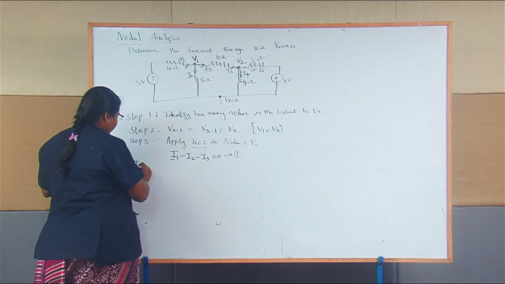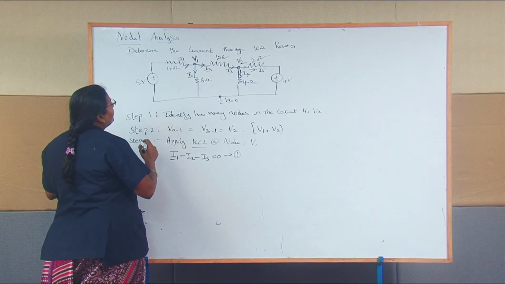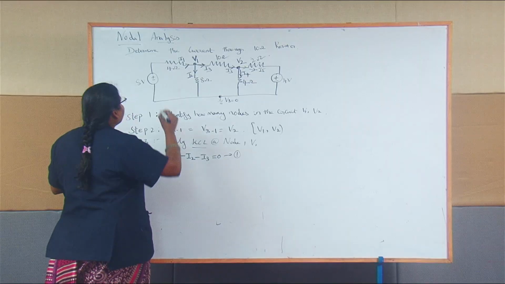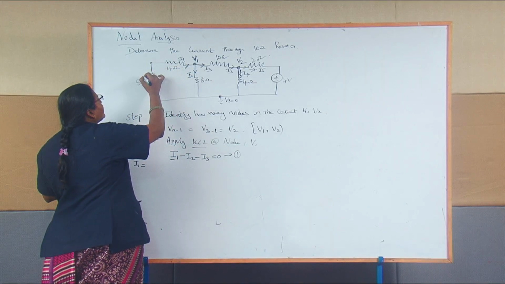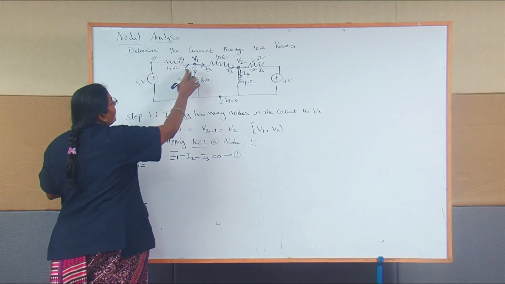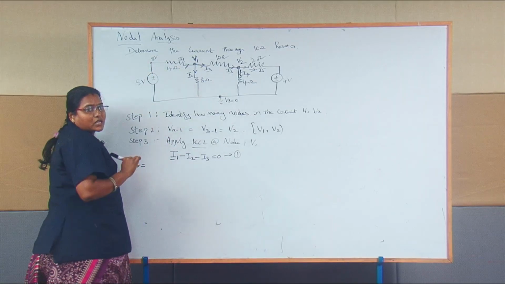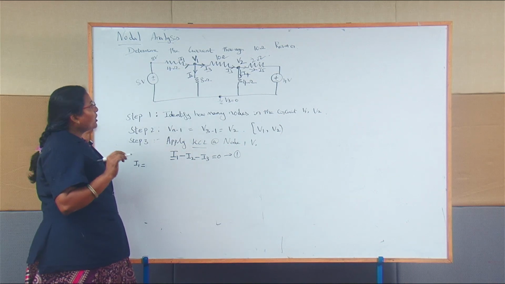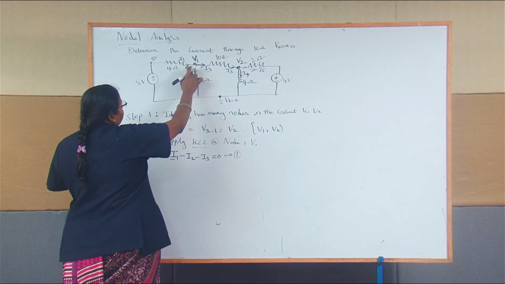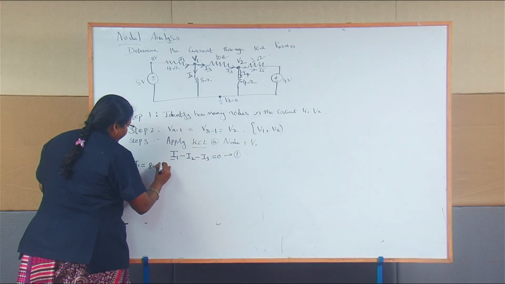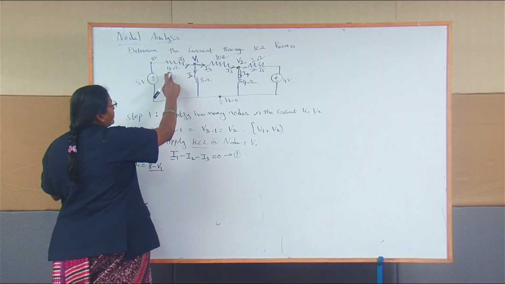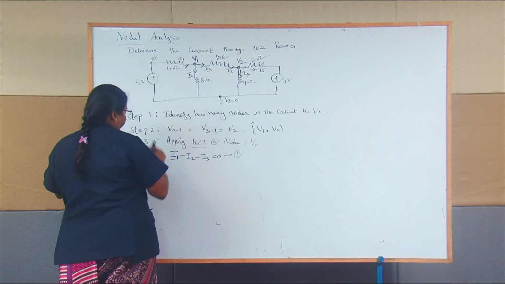All of you know very well by Ohm's law, I equal to V by R. So I1 equal to, you have to check, this I1 starts with the source voltage 8 volts and ends at V1. The starting voltage you mention positive, and ending at V1 is minus V1. So 8 minus V1 divided by the resistance mentioned here as 4.